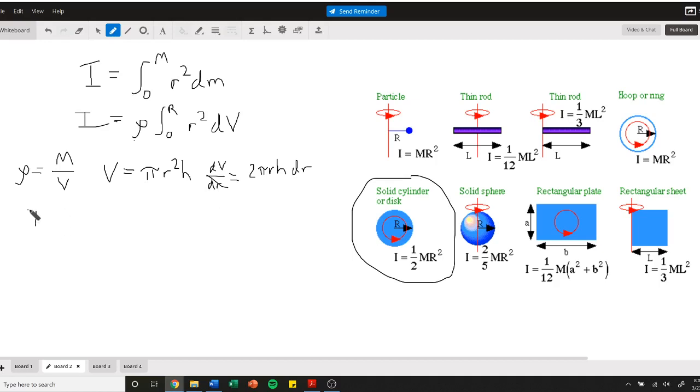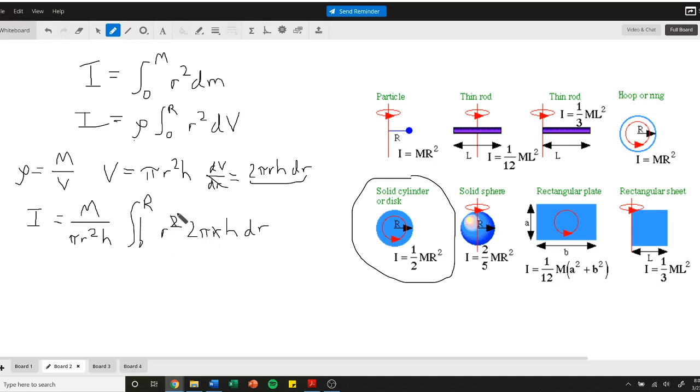So we get I is equal to the mass of the disk divided by pi r squared h, times the integral from 0 to the radius of the disk of r squared times 2 pi r h dr. So we can combine those r's.